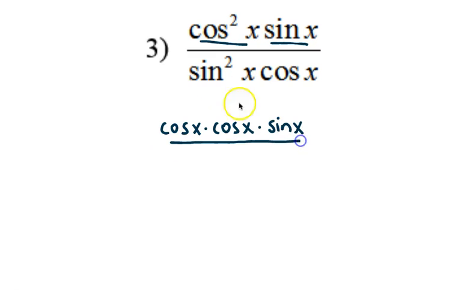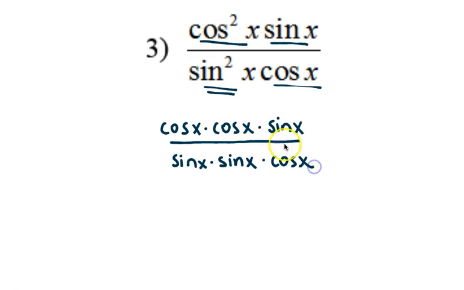And in the denominator, keep in mind that what this sine squared x really is sine x times sine x. Then we have the cosine x. Now what all can we divide out? Well, this cosine would divide by that cosine, and one of the sines would divide out, right? Sine x divided by sine x is 1. So I'd be left with cosine x over sine x.